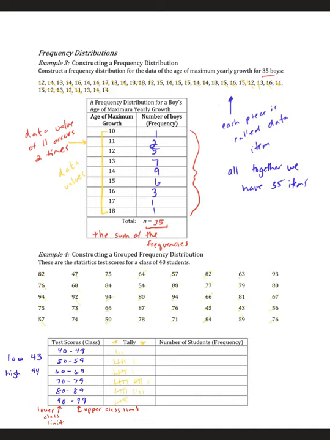Okay, now that we have all our tally marks, what we can do now is add them all up. So in the first group, 40 to 49, we see that 3 students had a score in that group. We see 6 students had between a 50 and a 59. 6 students had between 60 and 69. 11 between 70 and 79, 9 of them between 80 and 89, and then 5 of them had something between 90 and 99.